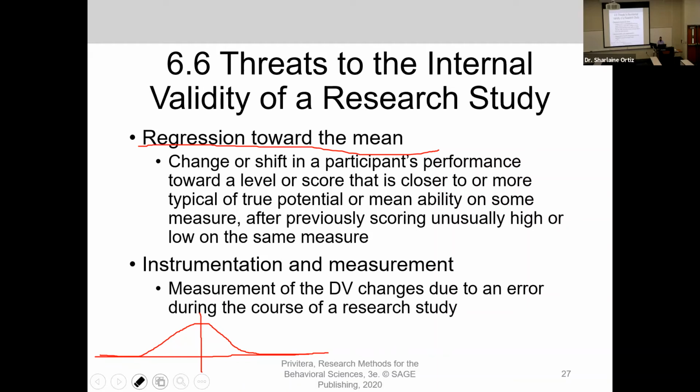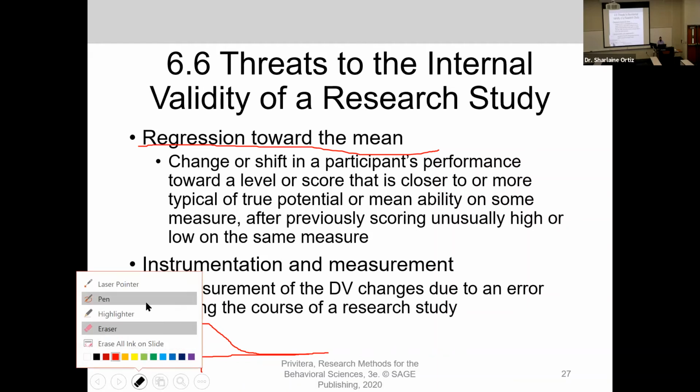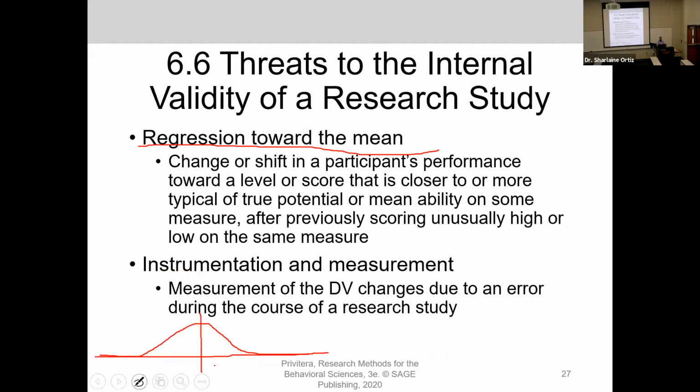Notice that generally we will regress back to that. Generally, as a participant, we are going to go back to whatever that measurement was. So for example, say you're given that treatment and now you're performing way better. Say for example, you have less depression and you're somewhere around here, right? You're doing better.